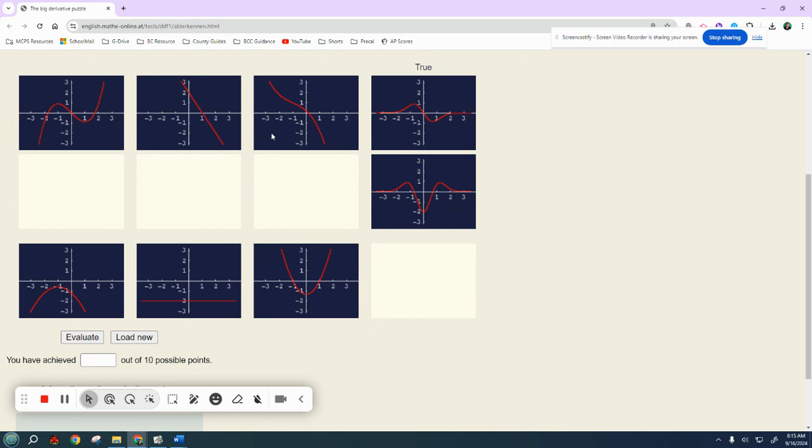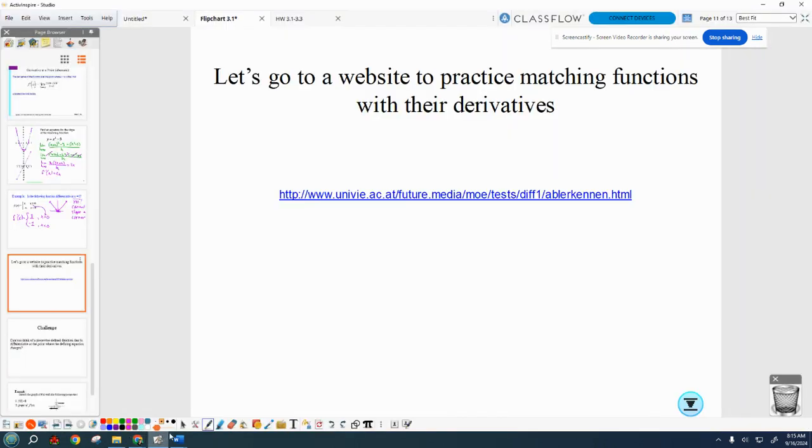If there's a bunch of this stuff on the top right, it's hard to pick out the one that matches the heartbeat look. Okay, so eventually you will be comfortable matching these up or possibly even drawing the derivative. This is your first exposure.